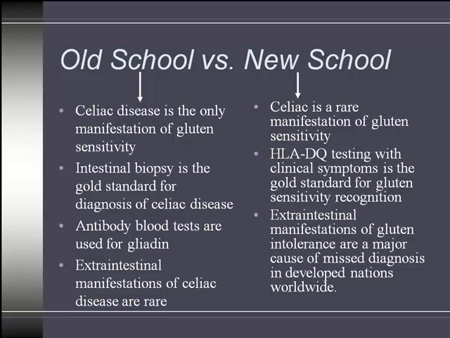Now, unfortunately, the biopsy is not a very good gold standard because it's not very accurate. In essence, the analogy here is if we take several biopsies of the intestine and we don't see the hallmark sign of celiac disease, which is called villous atrophy or flattening of the intestine, does that mean it doesn't exist?